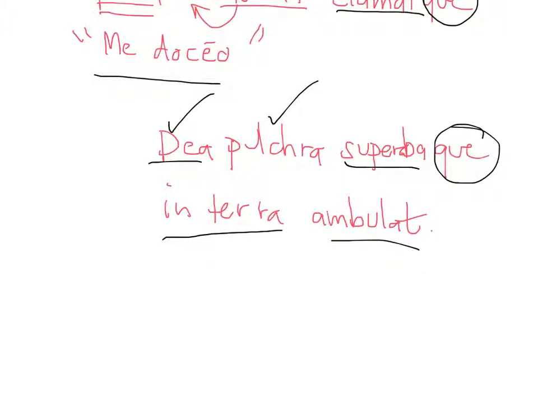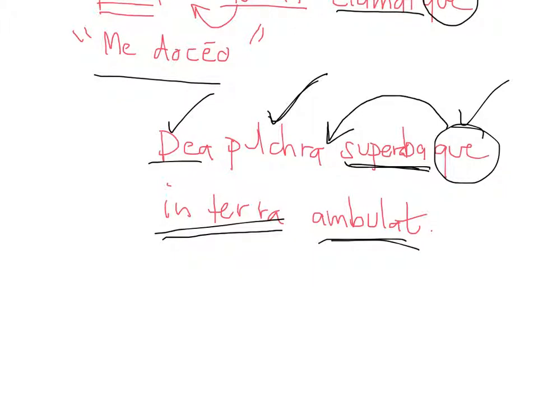The goddess, beautiful and proud, walks on the earth. The que is translated before the word in English that it comes at the end of in Latin. You'll get used to that as you see the examples and practice them.